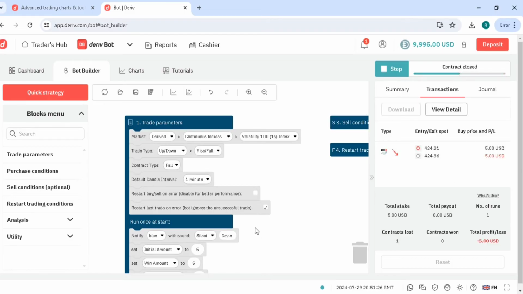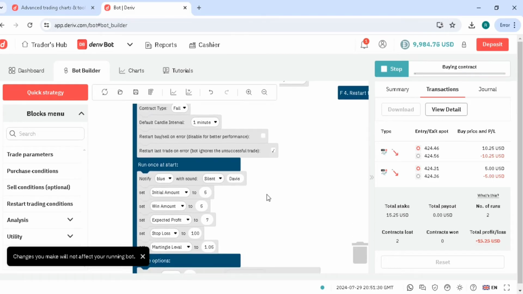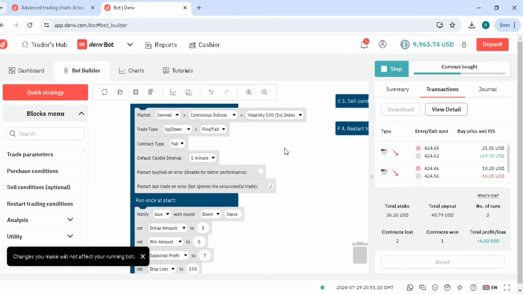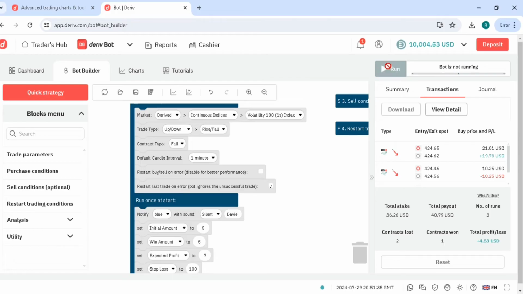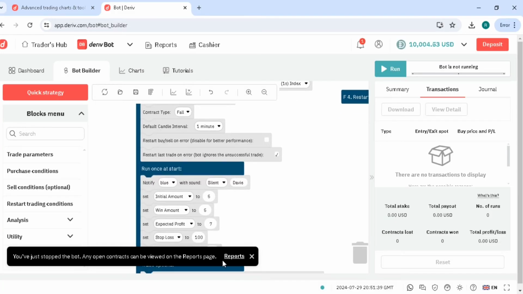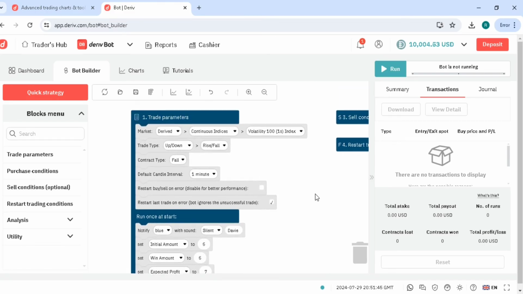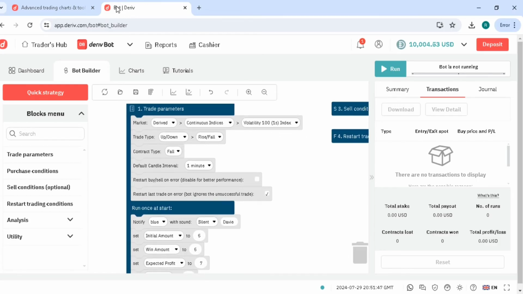Yeah, the bot is okay. It has a martingale which should be 1, but this is the bot that we are going to use. Let me change this martingale to 1. This means that it will be doubling the stake in case we encounter a loss.